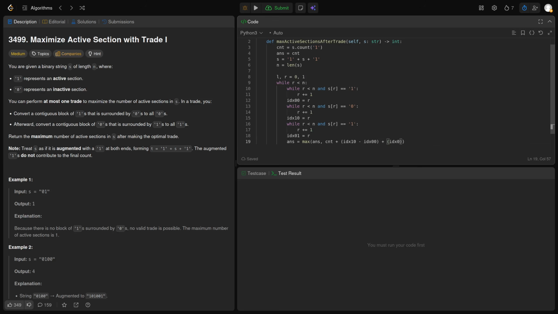We move past first one, past first 0, past first 1, past first 0.